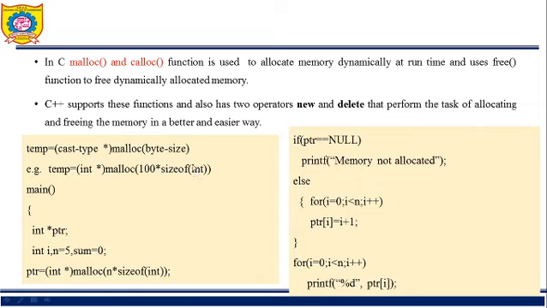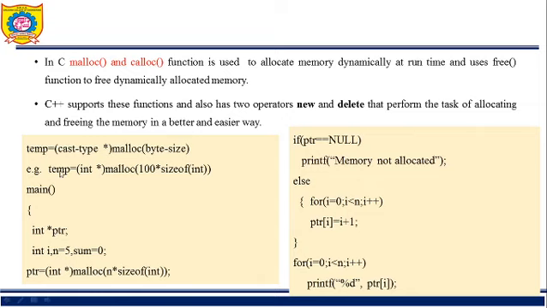There are 100 integer data for which we want to create the memory, and every data has the size of an integer type. If we consider the size of an integer as 4 bytes, then 100 into 4 bytes is equal to 400 bytes allocated, and temp will hold the address of the first byte only.